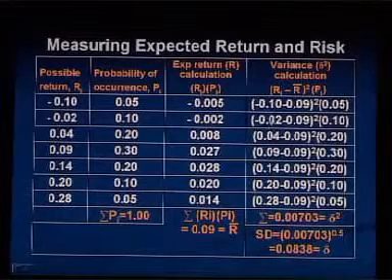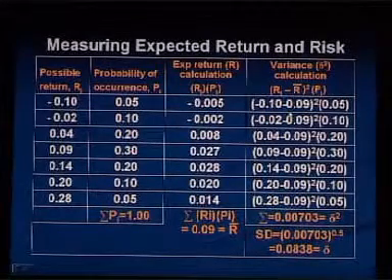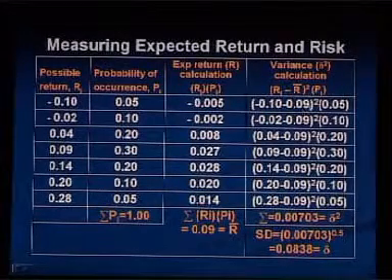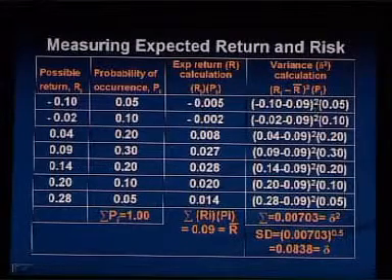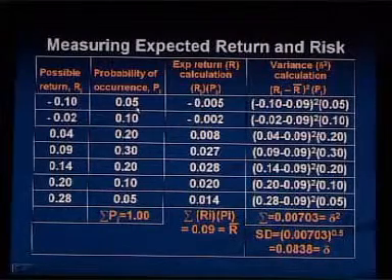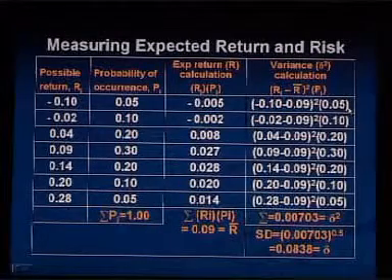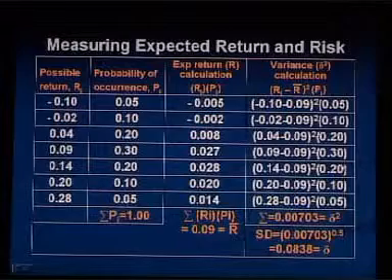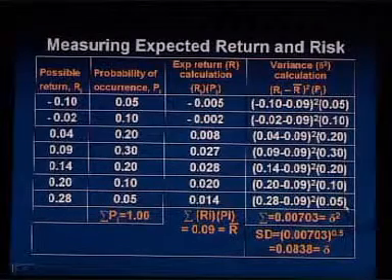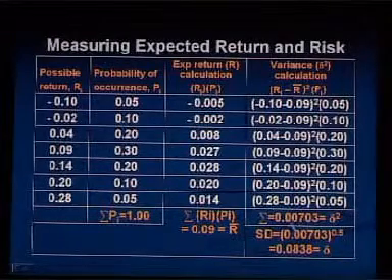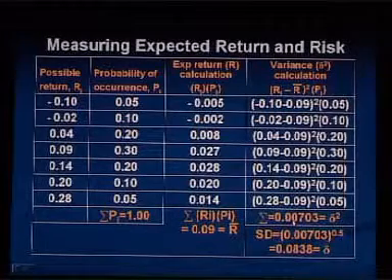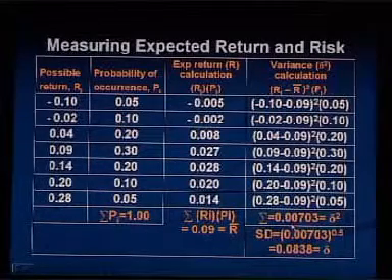So, here minus 10% minus expected return 9%, and we square it, and the probability was 0.05. So, we have to multiply this one here. Similarly, we can calculate all the figures here, and finally, by adding all these figures, we get the variance of the returns for this particular security.